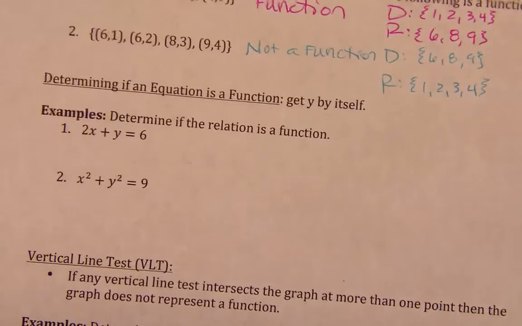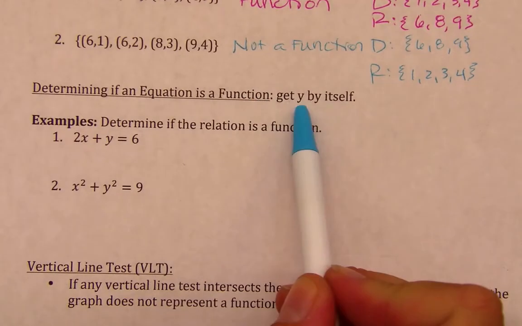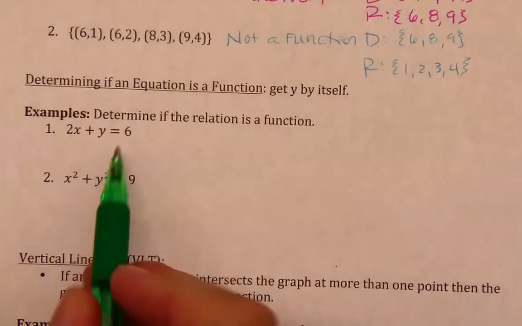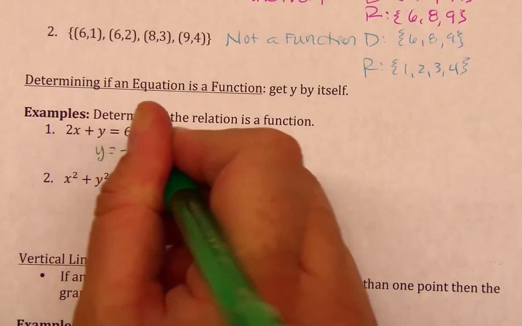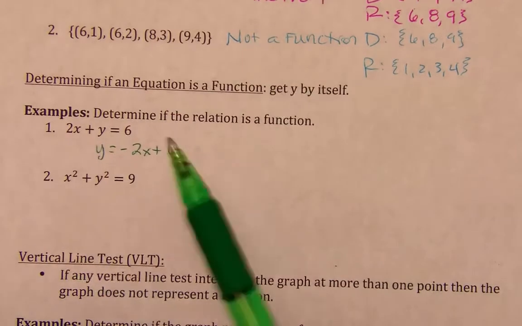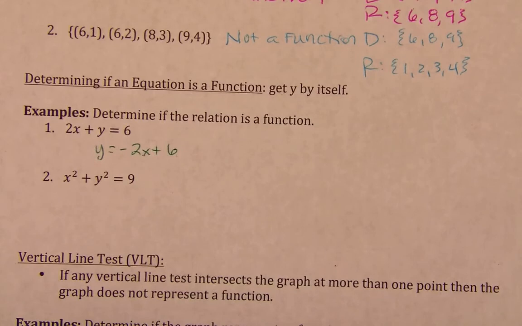Now if we want to determine if an equation is a function, the first thing we want to do is get y by itself. So looking at these two equations here, determining if they are functions or not, we want to get y by itself. So we subtract 2x from both sides here, and we get y is equal to negative 2x plus 6. And then we just want to ask ourselves, for every x value that I plug in here, am I going to get multiple y values?